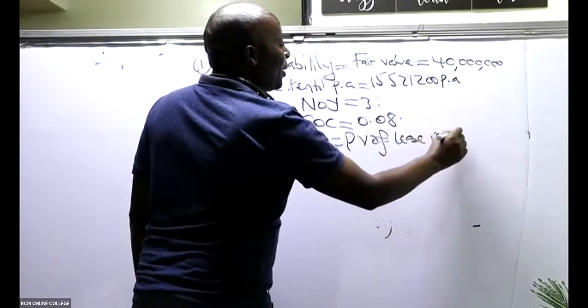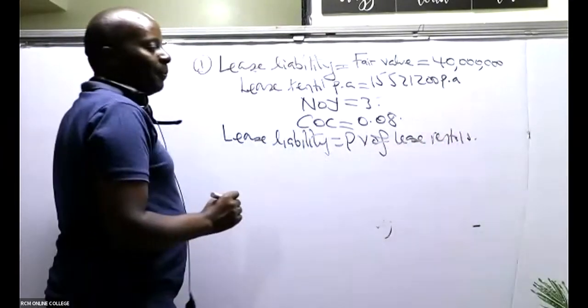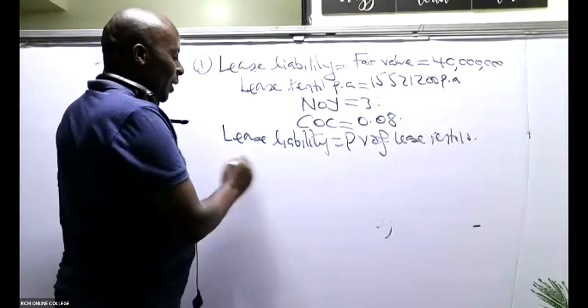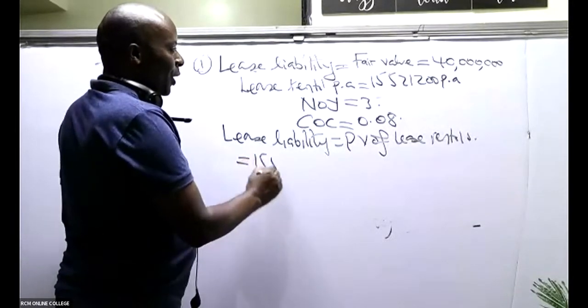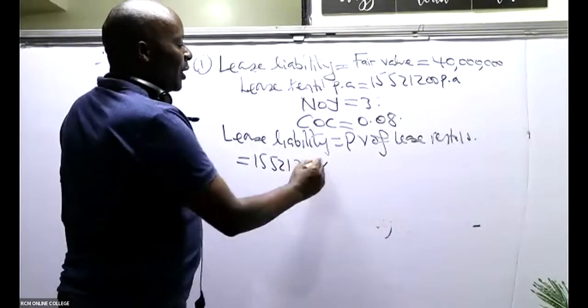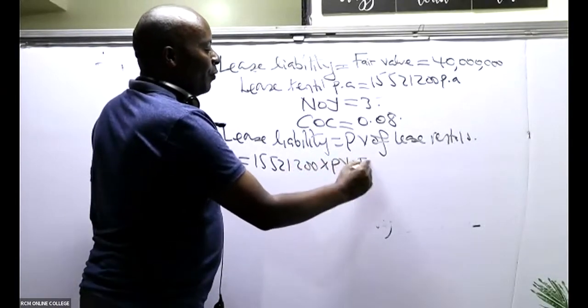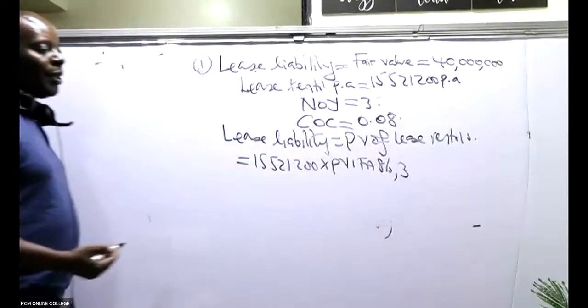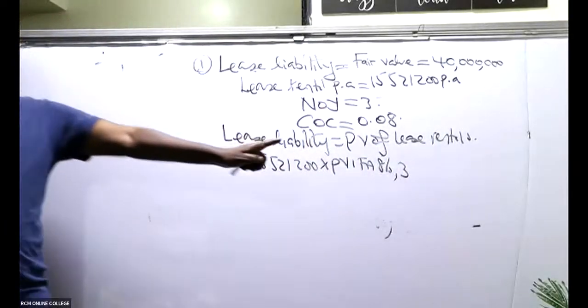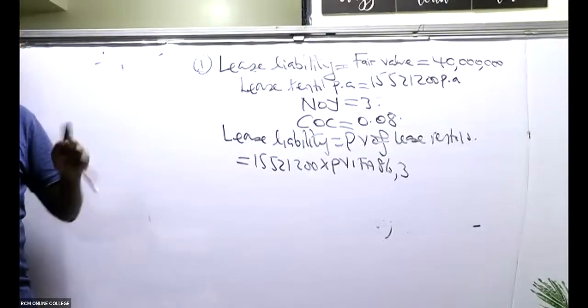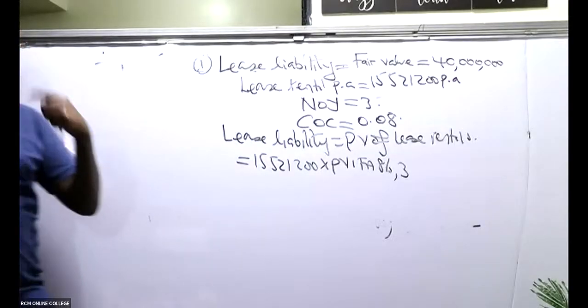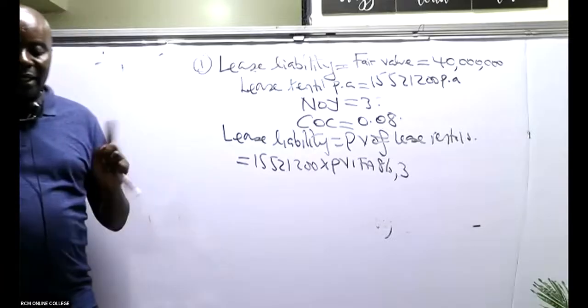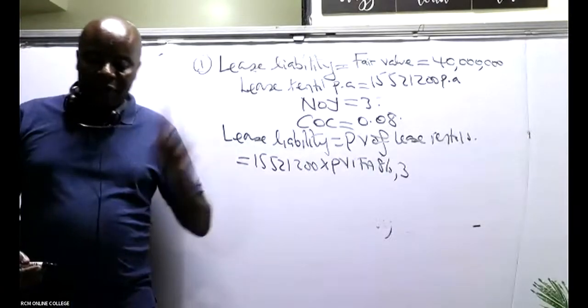So in that case, this would have been 15,521,200 times PV for 8%, 3 years. I will not add 1 plus R there because this one is not being paid up front. It is only the one that is being paid up front that we normally add the 1 plus R. This one we shall leave it like that.